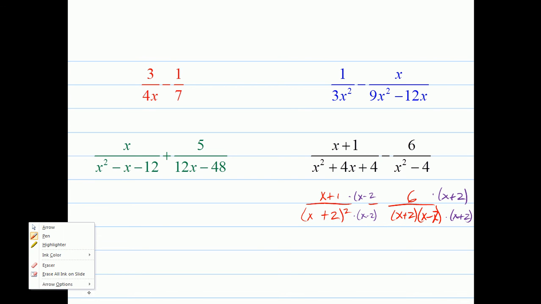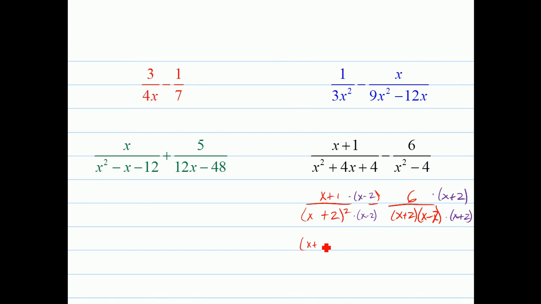So that means that when we put this all back together, in the top here you have x plus 1 times x minus 2, whatever that might be, minus 6 times x plus 2. And all of that is going to be over x plus 2 squared times x minus 2.